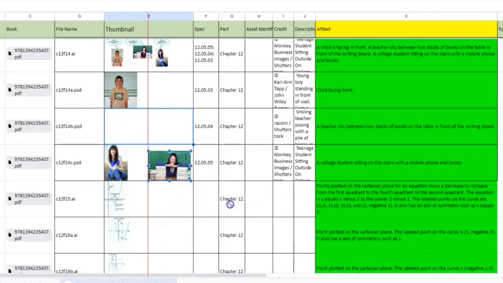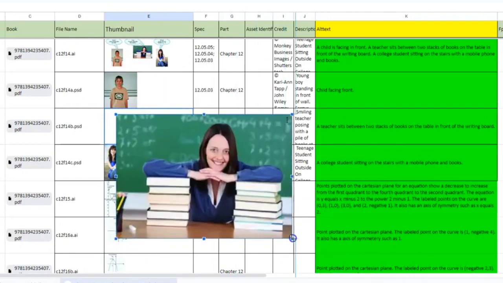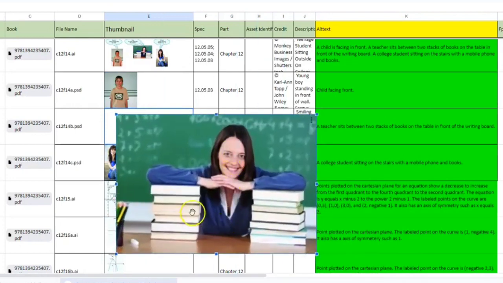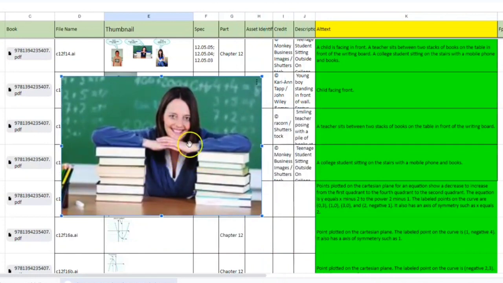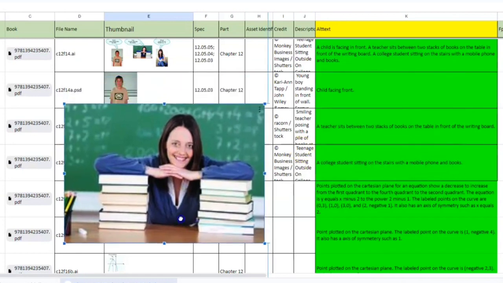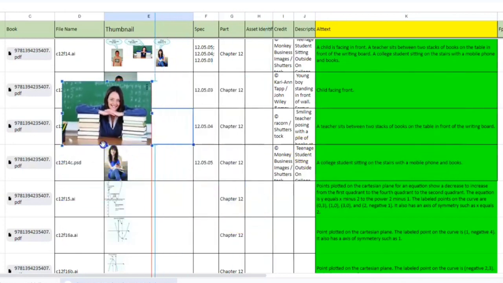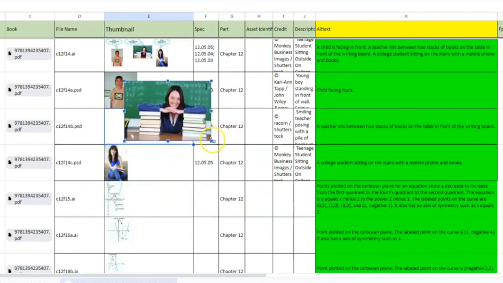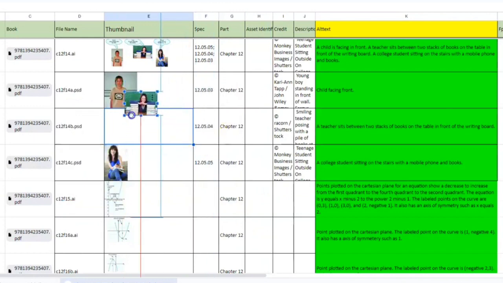Now I'm explaining one thing. Here is one female. So what is the correct description? A college student sitting on the stairs with a mobile phone. Sorry, this is a different image. Yes, this one.